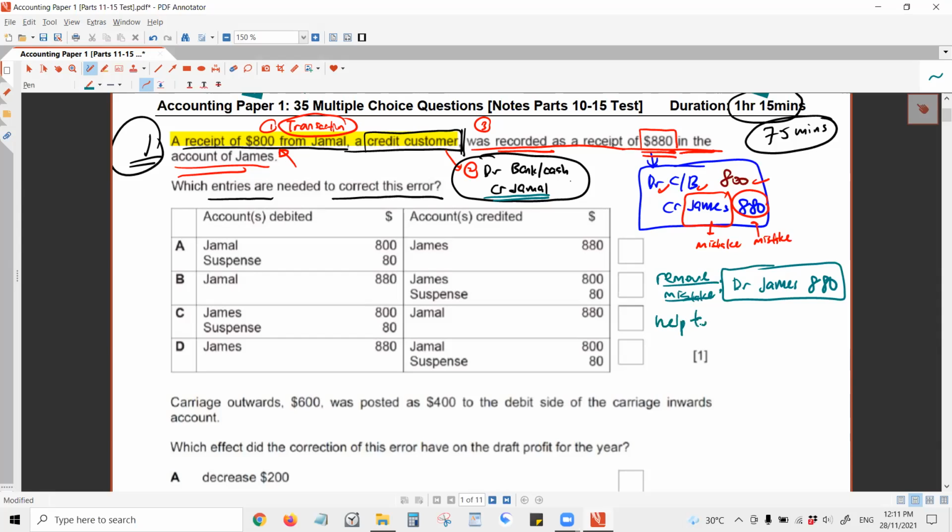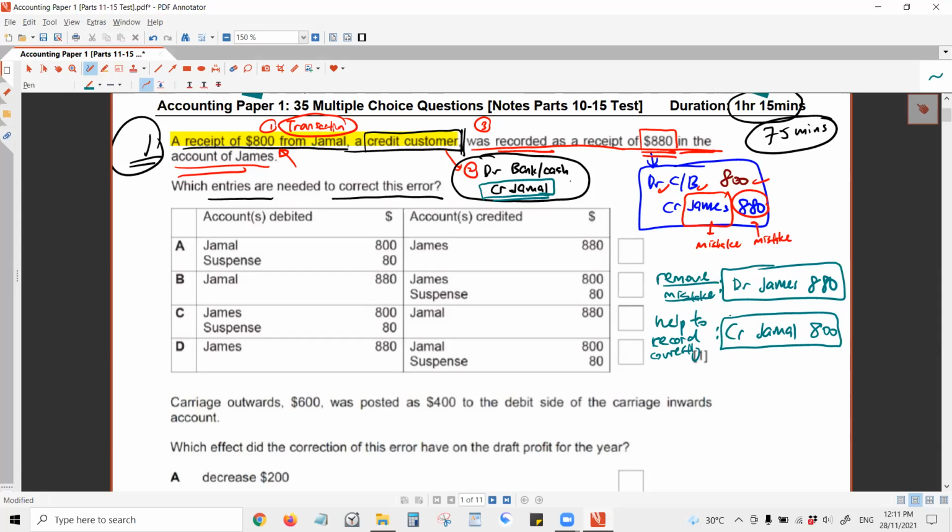So I should credit Jamal, agree? How much? 800, because the amount is supposed to be 800. We should credit Jamal 800.